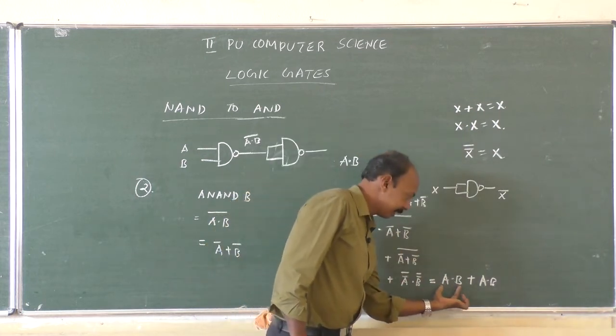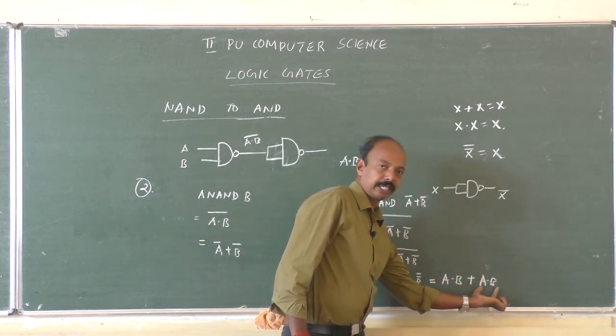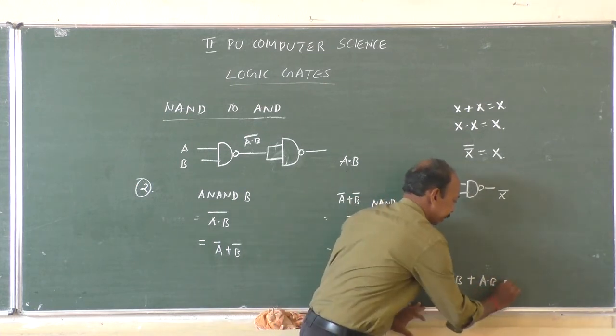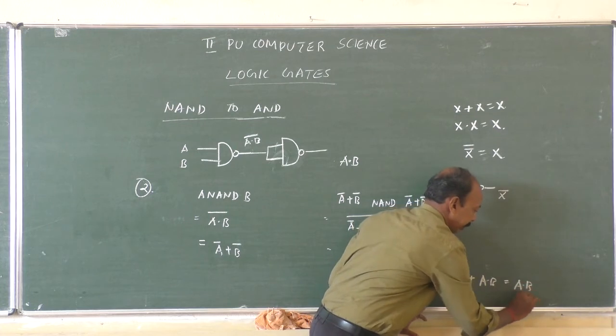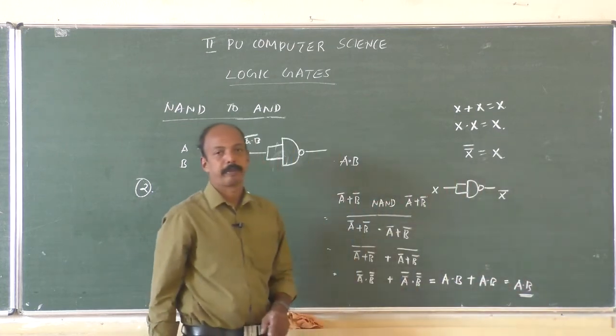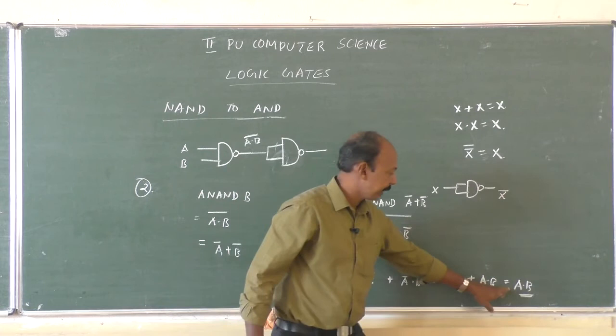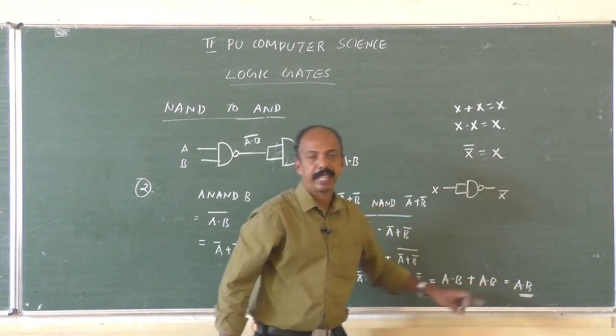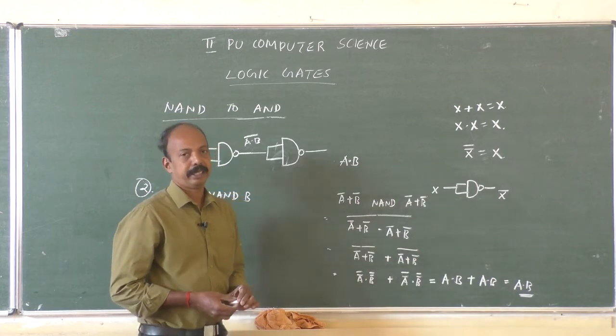If this is x, this is also x. A dot B, here also it's A dot B, which could be written as A dot B. Again we are going to get A dot B, which is the AND gate, deriving the AND gate from the NAND gate.